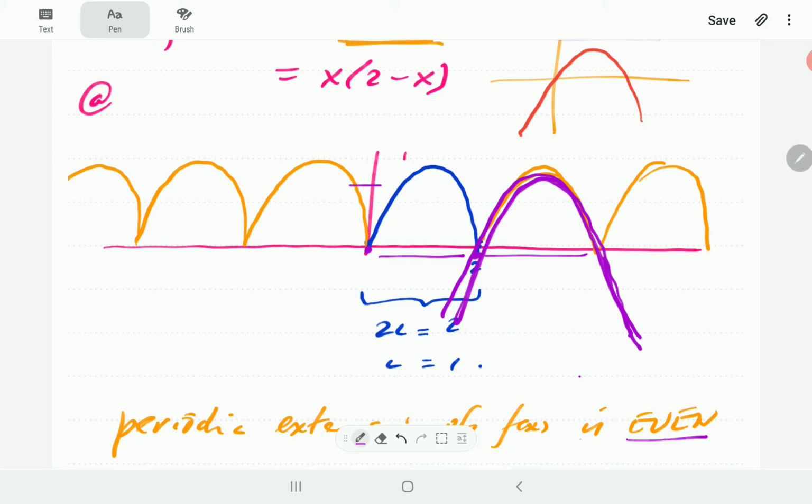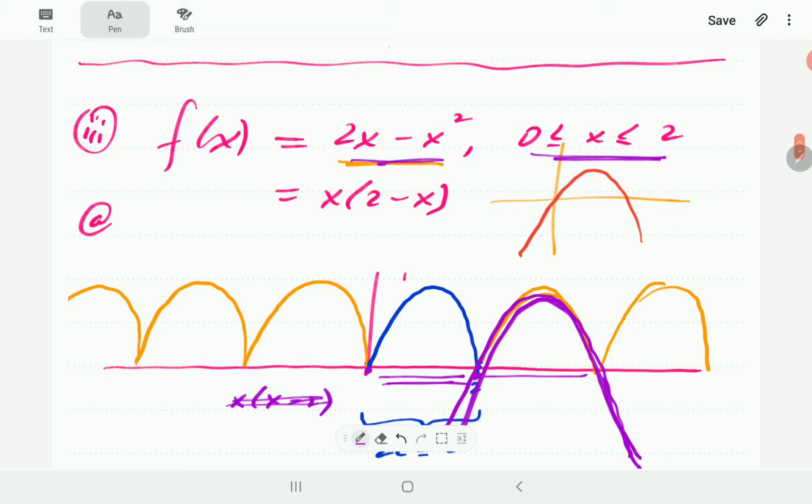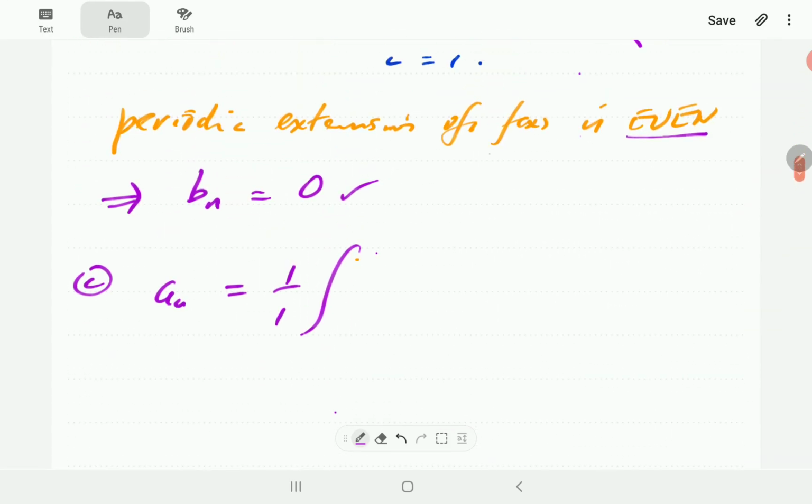Or we could use this other one, probably easier if we just twist this around, but that one is going to be facing upwards. Bottom line is just use the interval of the function given, and that is going to be your f. So this time we are going to have the integral of 2x minus x squared dx from 0 to 2.